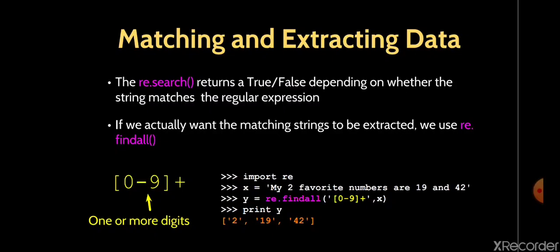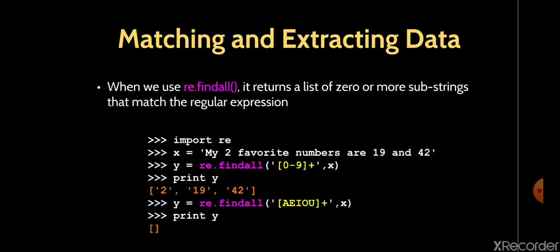Here, writing the pattern [0-9] and plus is very important, so it will match one or more digits. And we have another example here. If you write [0-9]+, of course it will extract only the numbers 2, 19 and 42.